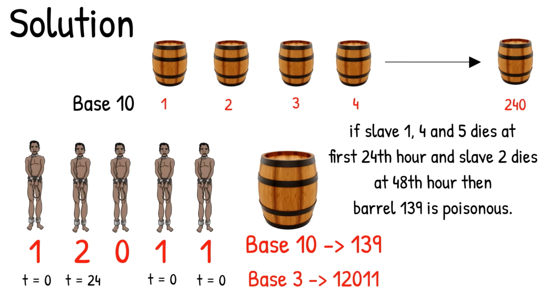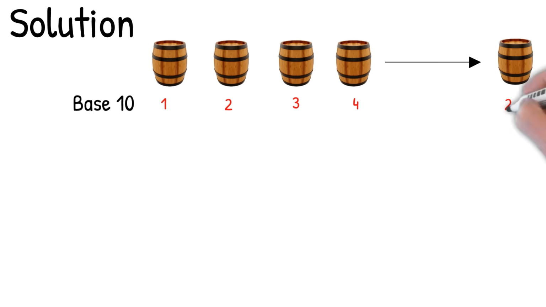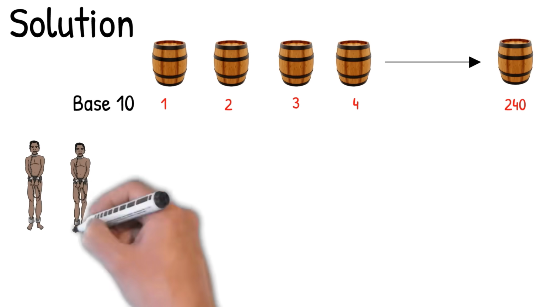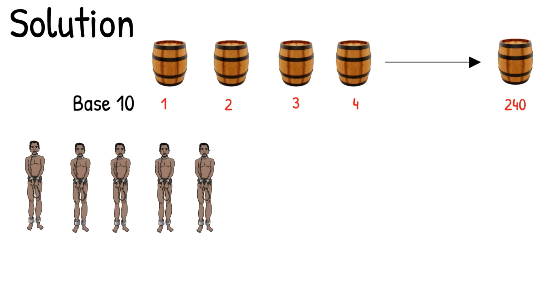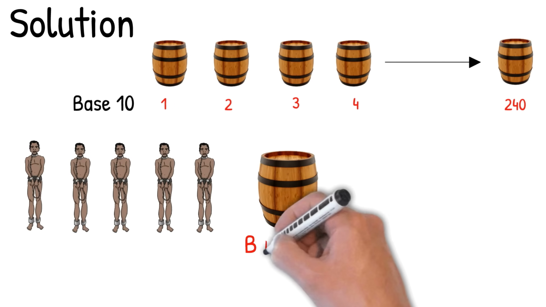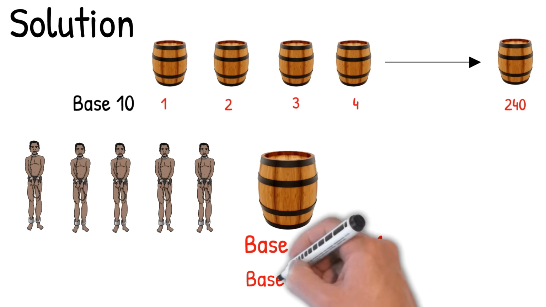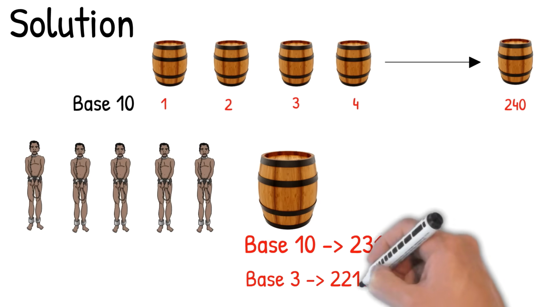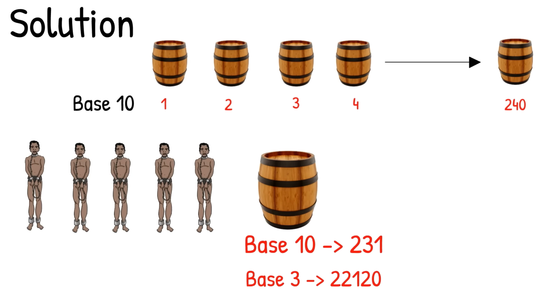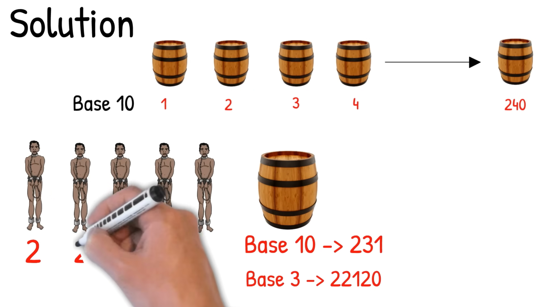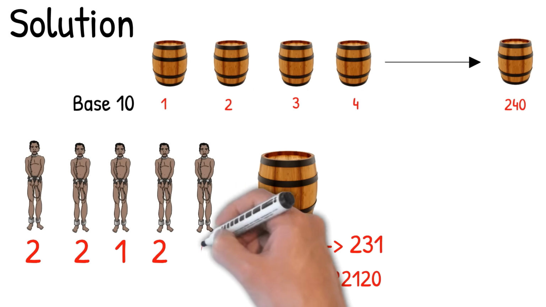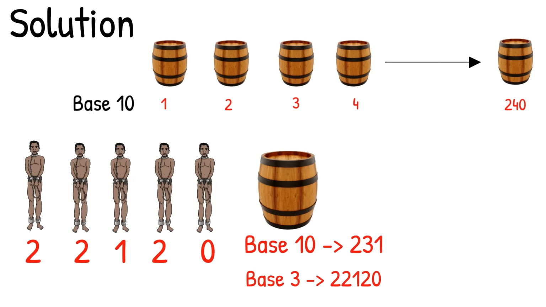Let's consider one more example. Now I am considering barrel number 231. Here the barrel number is 231, represented in base 10, and its equivalent base 3 representation is 2, 2, 1, 2, 0.